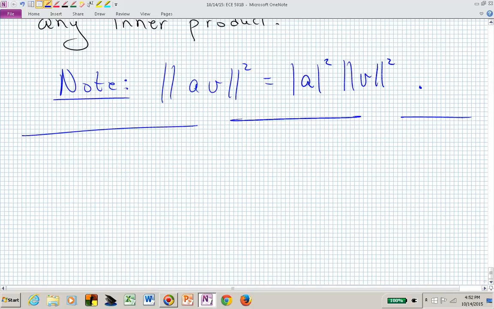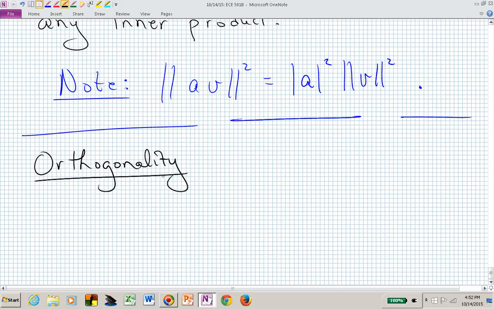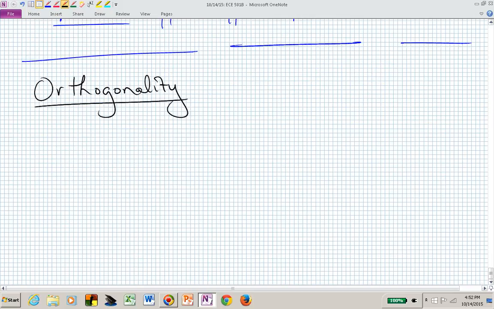Now let's talk about orthogonality. Now that we have this concept of an inner product, we are going to define orthogonality.